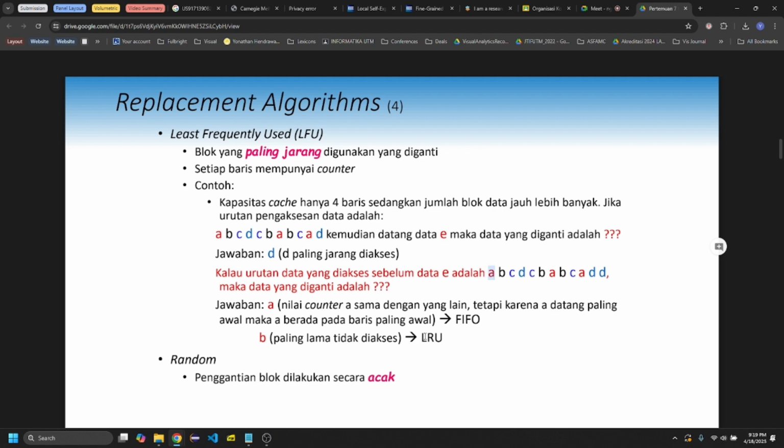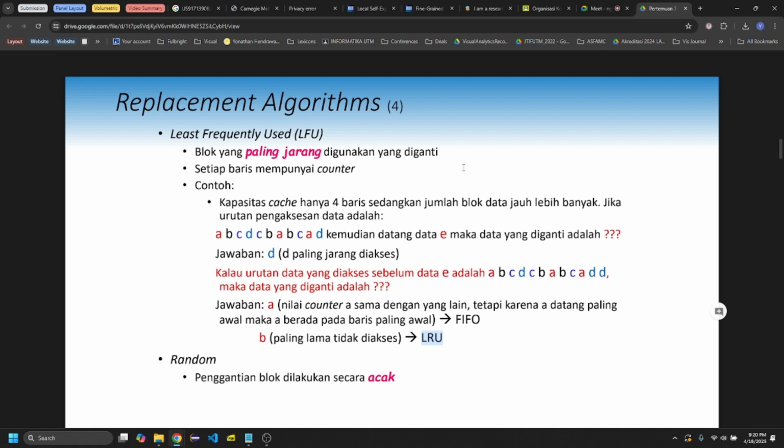Or if it uses LRU to break the stalemate, then it will use B, because B is farthest from the newest access. D, B, A, C, B. B is the longest compared to C and compared to A. So that's the LRU. So this is the LFU. LFU in this case might need to incorporate other algorithms to break the stalemate.